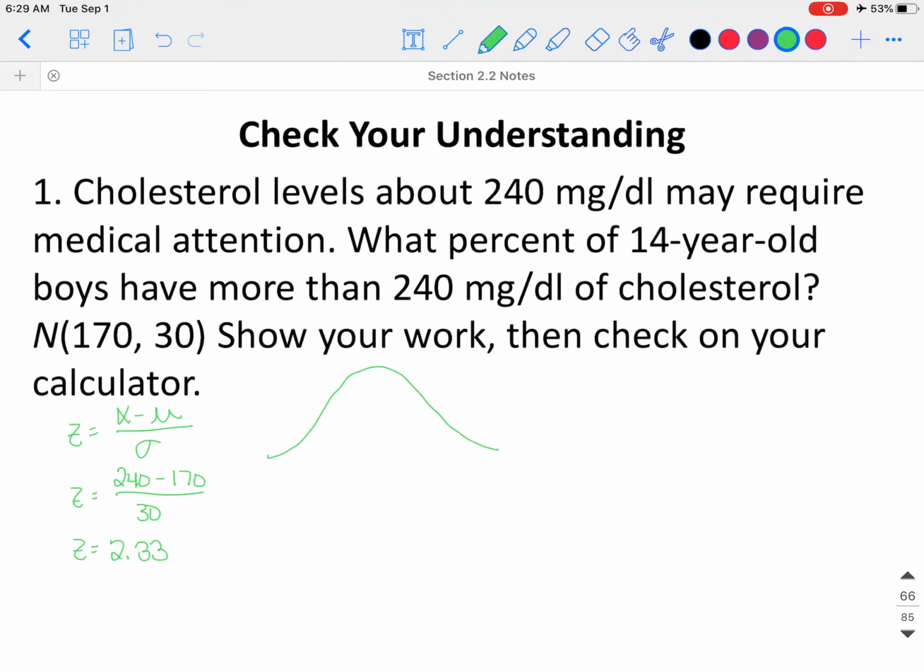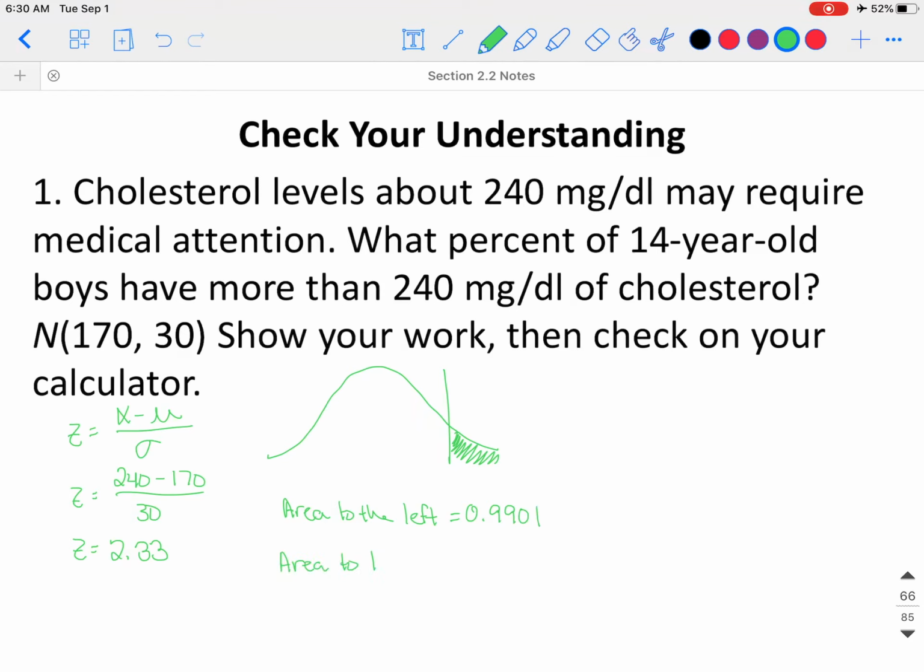Now we want to find greater than this. So which ones require medical attention? Remember, on your z-table, it's going to tell you all the things to the left of it, or less than. So the area to the left of 2.33 is going to give us 0.9901.